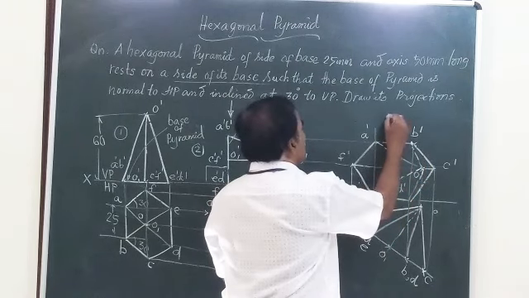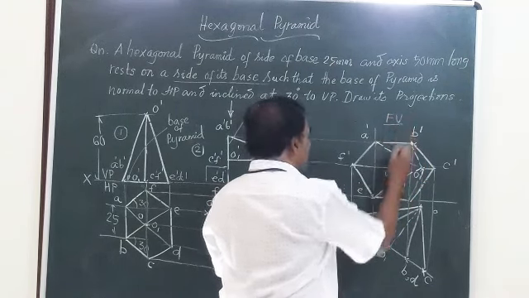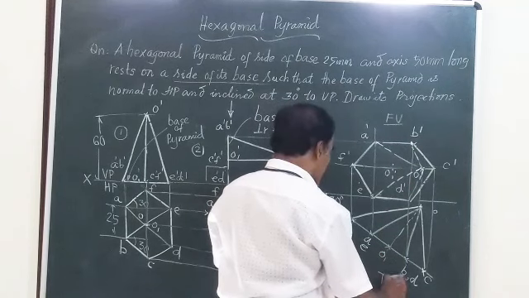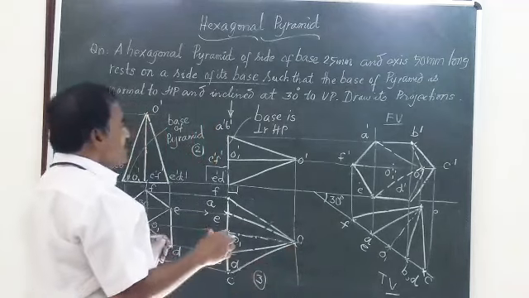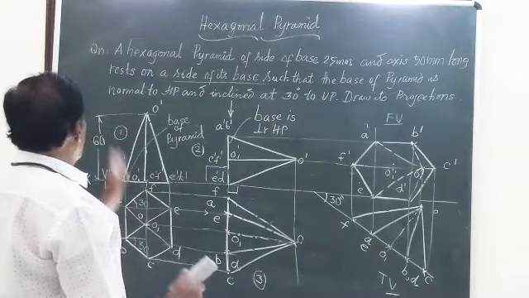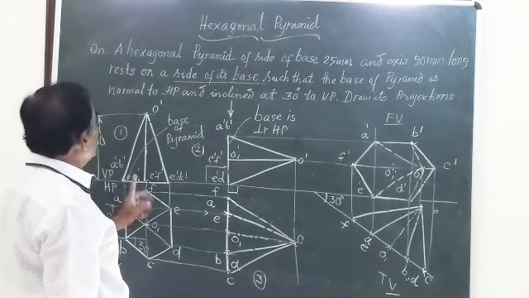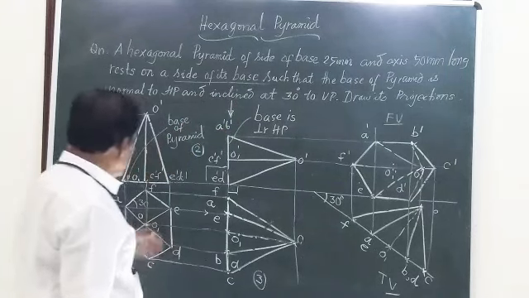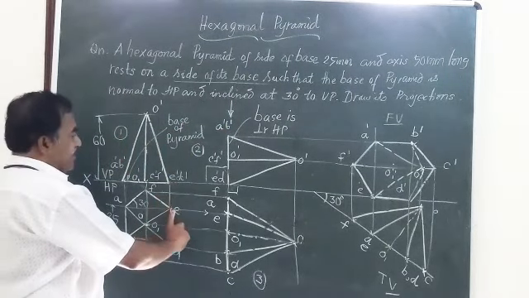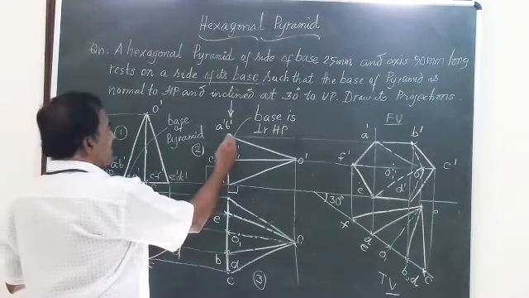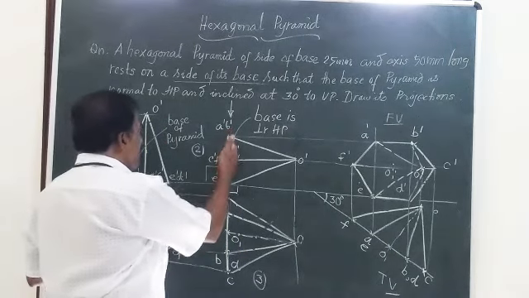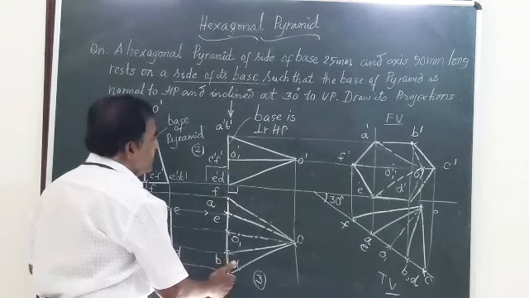So this I am going to mark as FV, the front view. This is the top view. And you can just verify whether the solution you have made is right or wrong. The hexagonal pyramid, yes, it is resting on one of the base edges. Base edge ED I have taken as the base edge.